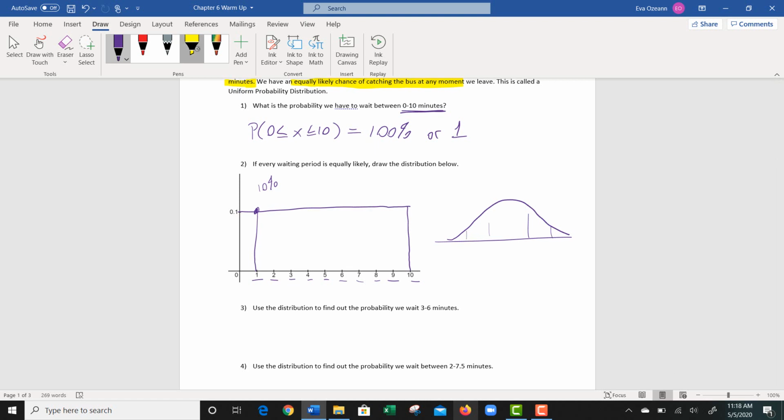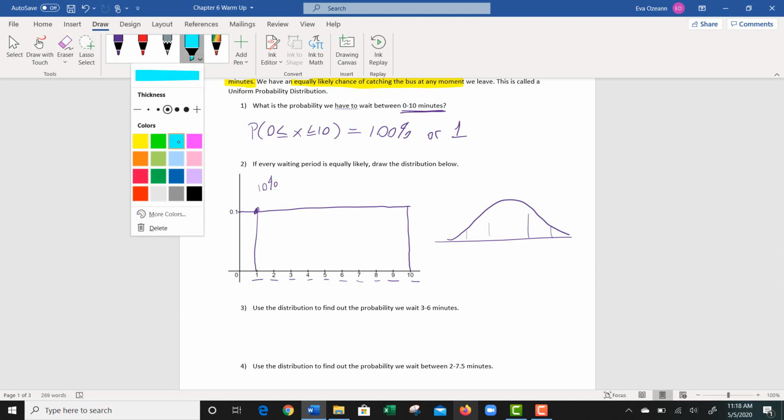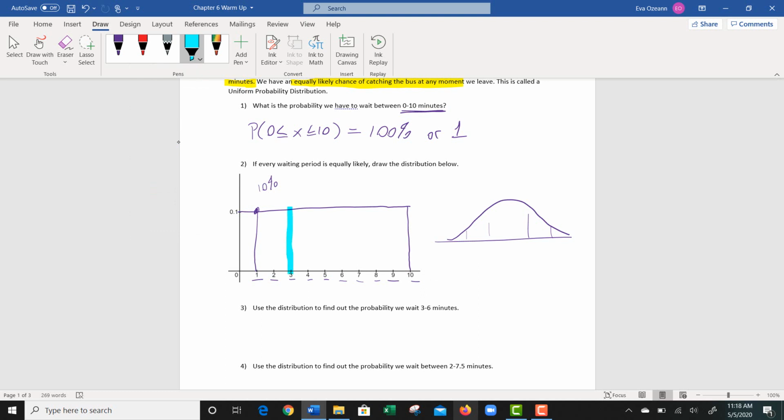So for the next problem, let's say we want to know what's the probability we have to wait between 3 to 6 minutes. So when we're figuring out probabilities, they're going to be the area under the probability curve. So if I want to see the probability I have to wait between 3 to 6 minutes, I have to find the area under the curve in between those two times.